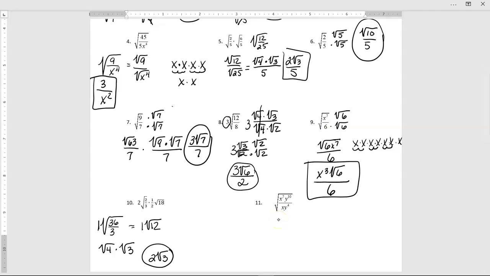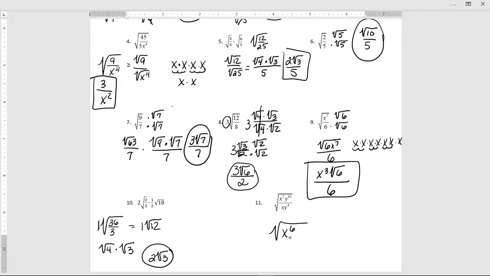Okay, 11. Here's how I would go about this one. We know that when you divide variables, you are subtracting the exponents. So I'm going to simplify this first. If I'm dividing x to the 7th by x to the 1st, I'm going to subtract. So I have the square root of x to the 6th.